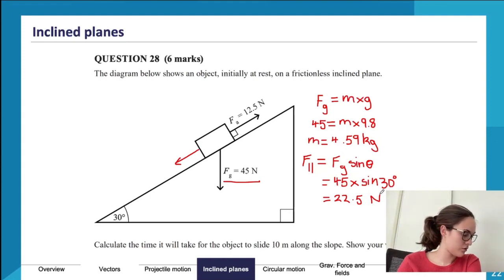And now we need to calculate the net force. So F net is going to be equal to the parallel force minus the frictional force that we get given, which is 12.5.